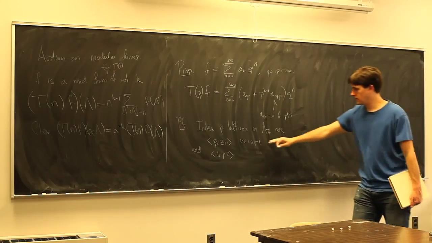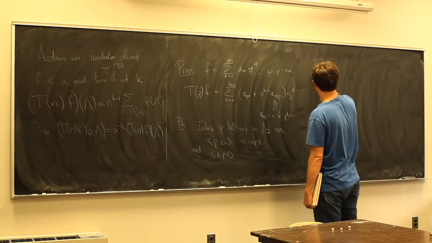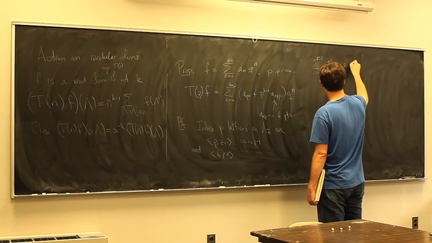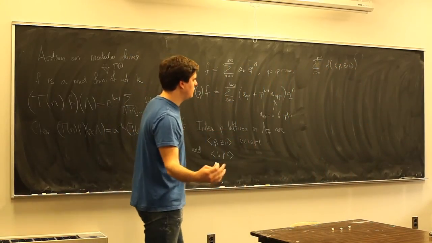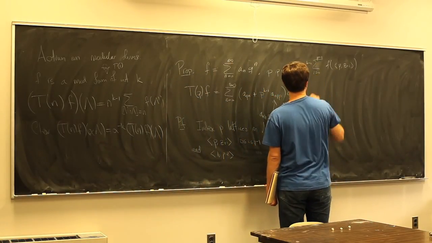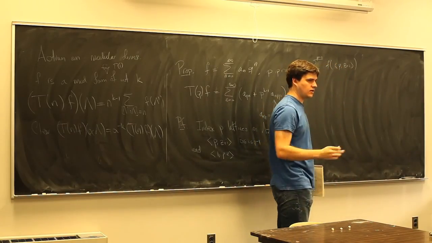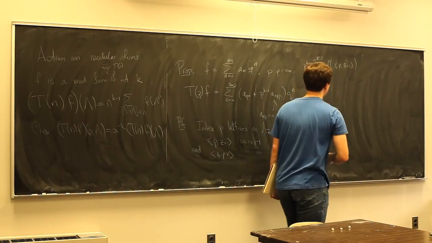So let's just first look at these p lattices. I'm summing from i equals 0 to p minus 1 of f on the lattice pz plus i. And now I can pull the p out. Well, let me put my p to the k minus 1 here. So I can pull this p out, and then I can pull it out of f, and that'll come out with a p to the minus k, because f has weight k. And that will cancel this p to the k.